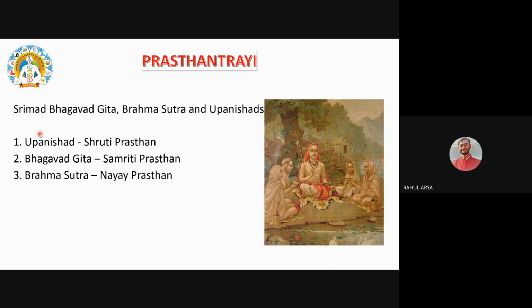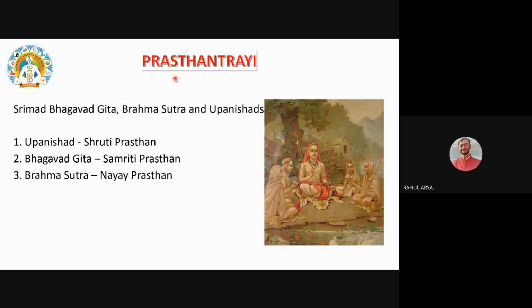So under this Prasthanatrayi, Trayi meaning 3. Prasthana meaning departure. In the general meaning, it is departure from one place to another place, like a vehicle.